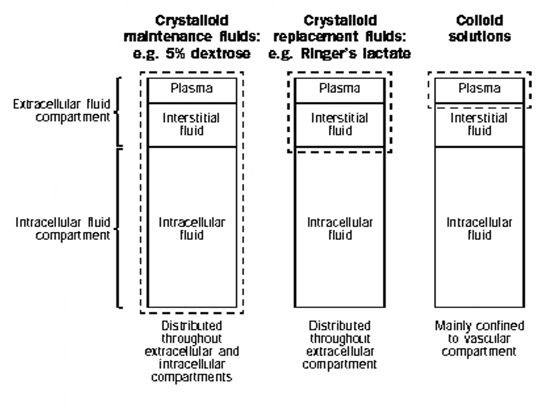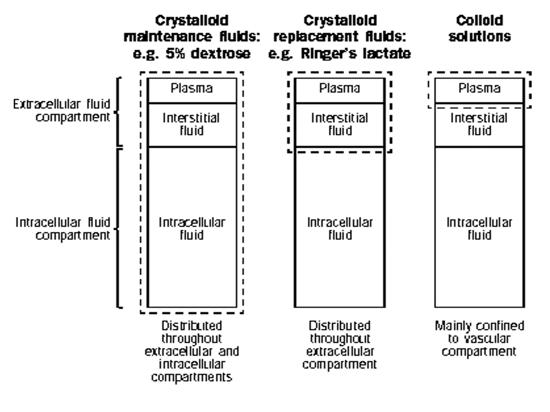Now look at this picture. When we see the crystalloids, they maintain the fluids. For example, 5% dextrose, if we talk about it, the dotted line represents the presence of crystalloids. They are distributed throughout the extracellular and intracellular compartments.